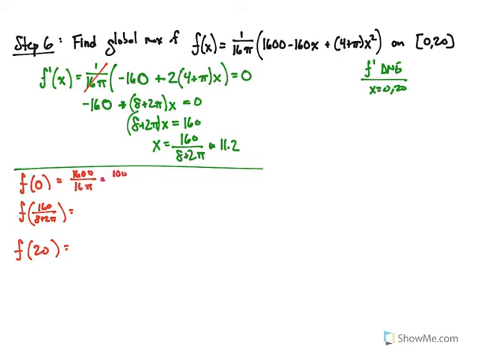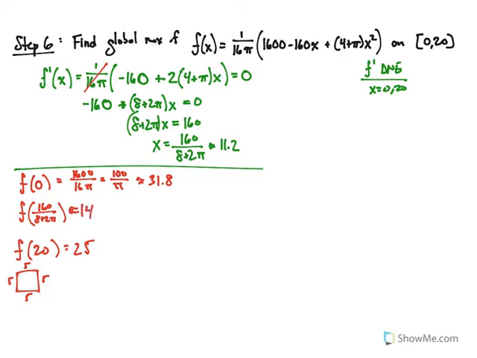That is 100 divided by pi, which is about 31.8. When I plug in 20, I'm going to get 25. And that's actually not surprising because that's just the area of a square with length 5 everywhere. The area for 0 would be the area of a circle. That's why it's a decimal form there. And finally, if I plug in my special point about 11.2, I get, should be about 14.